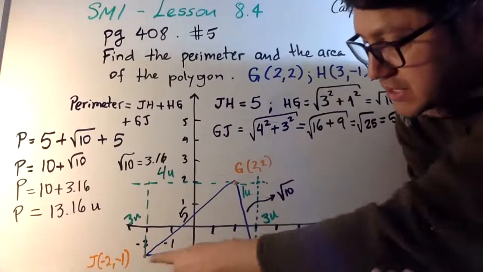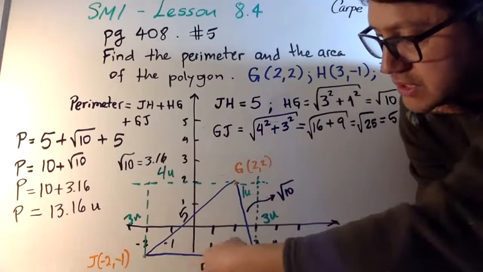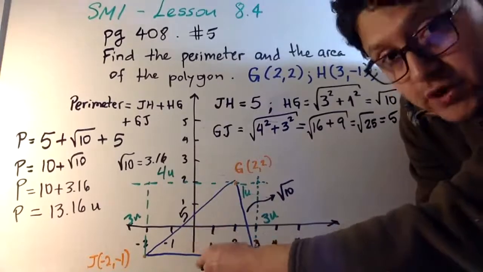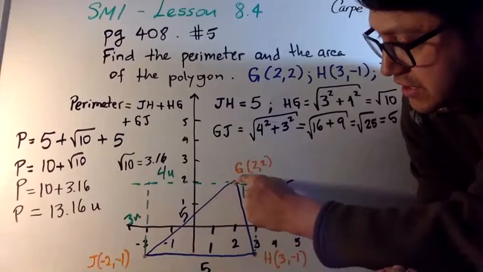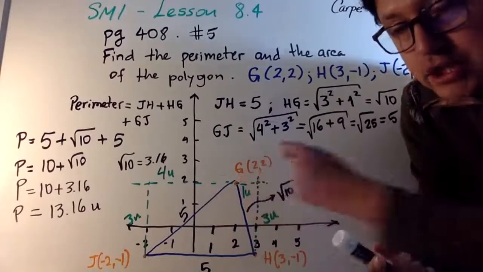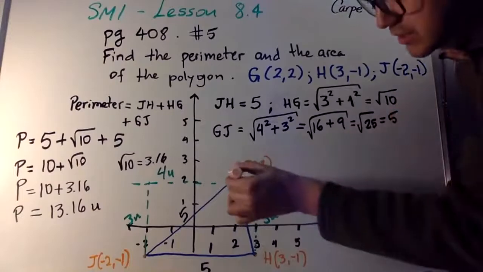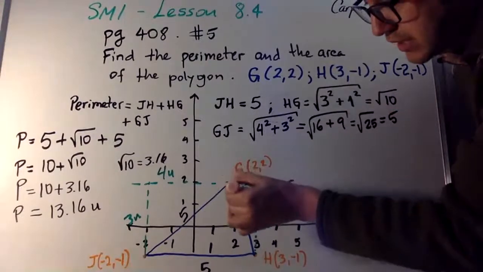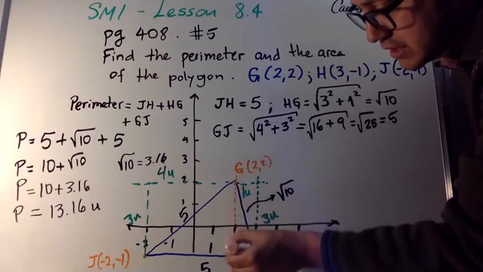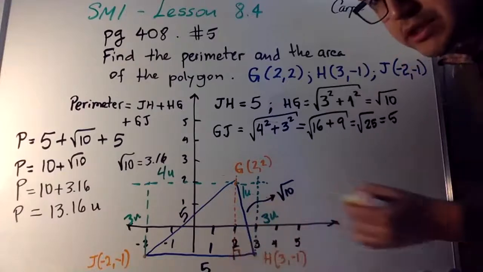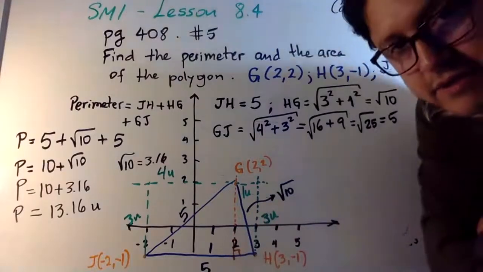What is the opposite vertex to this segment? It is this point G right here. So if I drew a segment that goes like this, can you see that they are perpendicular? That's the height of this triangle.